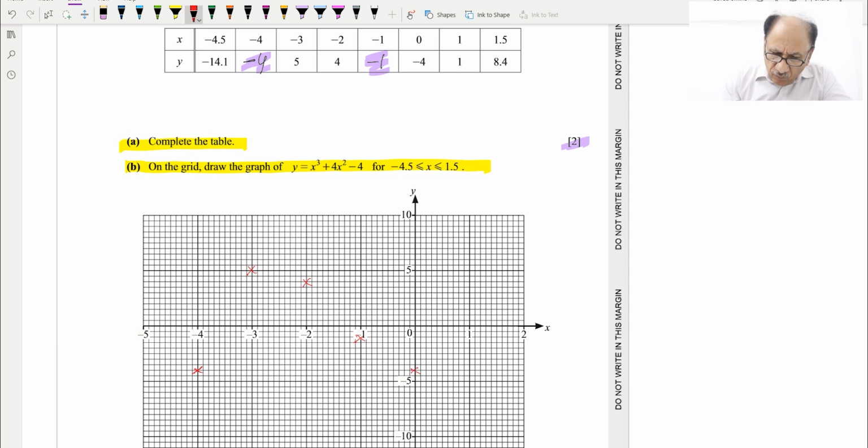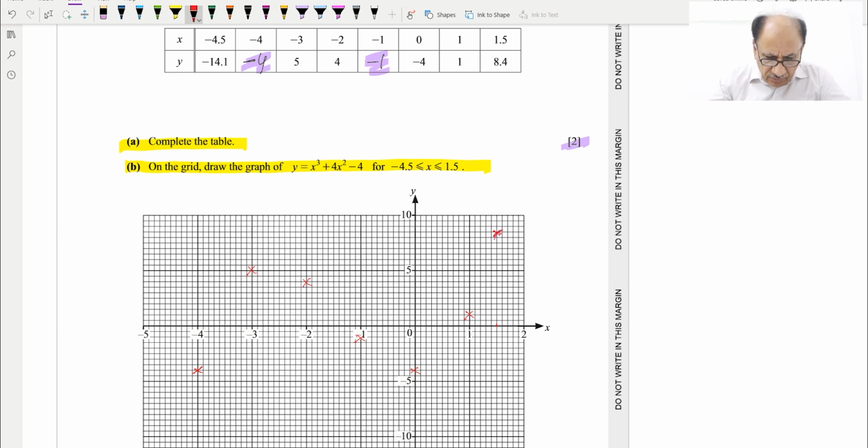1 and 1 will be here, and 1.5 and 8.4, so 1 2 3 4 5, 8.4 is here, 6 7 8, so 8.4 will be roughly over here.